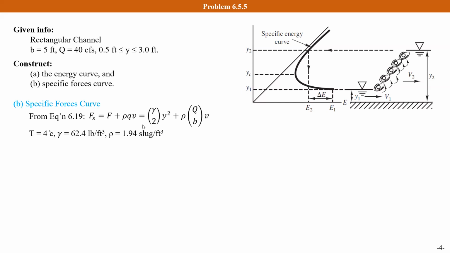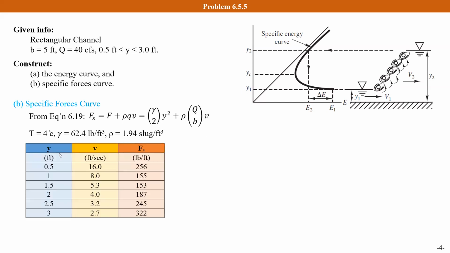Therefore, in this equation, we can directly bring the values of water depth y and velocity in to calculate the specific force. The velocity is what we just calculated in the previous steps.